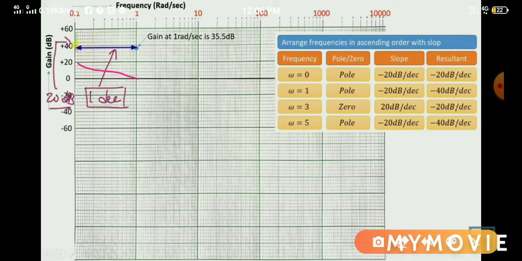At omega equals 0, we have resultant slope minus 20 decibel per decade. So minus 20 decibel per decade means this line.